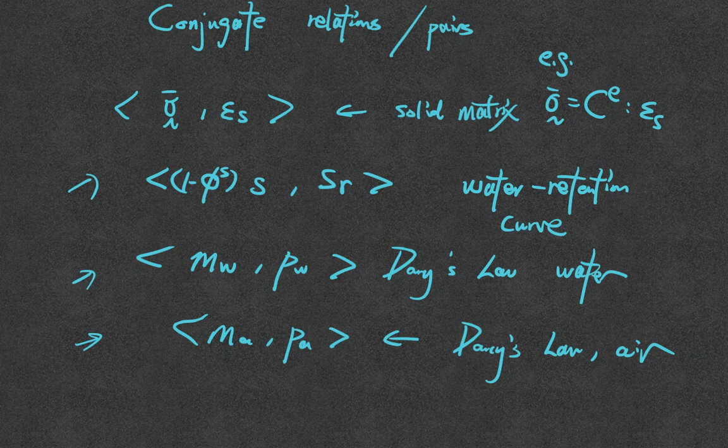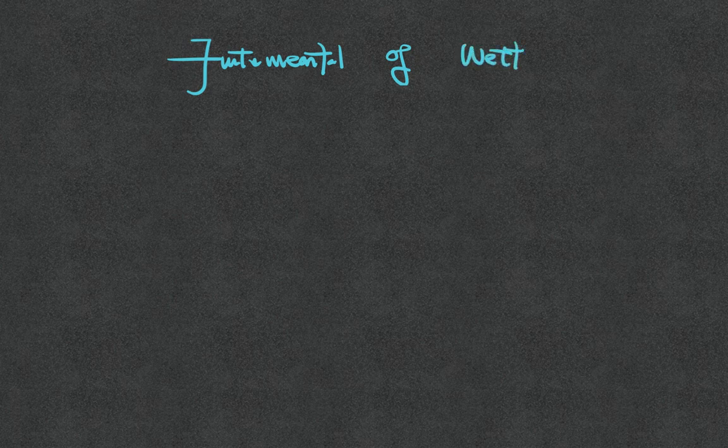And I would say the following. By the way, there is a reading, I think it's from Shell, or maybe from ExxonMobil, I forgot, called Fundamentals of Wettability, which I recommend that you take a look at. You can just Google it. Wettability is a very important topic.